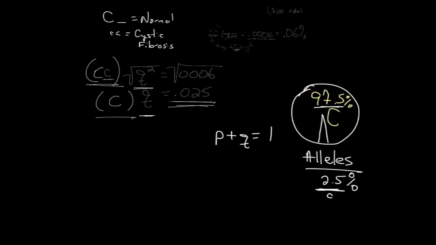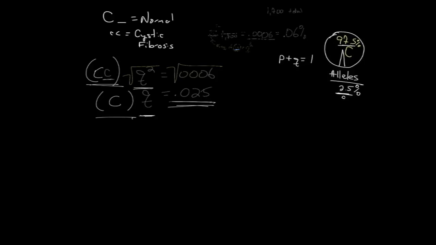So now can you find how many people are in the house? Well, not yet, because we don't have all the allelic frequencies. The only allelic frequency we have is little c. We know little c equals q squared, which equals 0.0006.